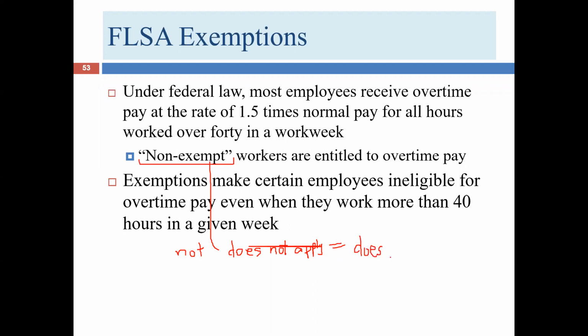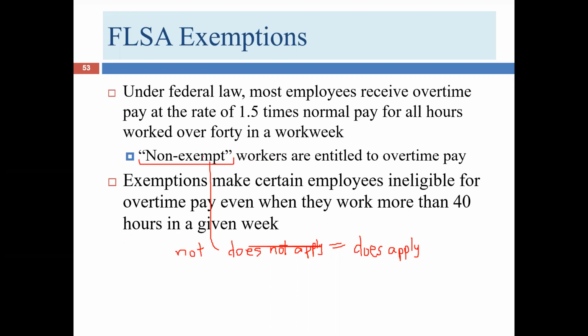So it's a crazy way of saying it. Why do we say the rule doesn't not apply to me when we could just say the rule applies to me? I don't know. I don't know why we say this. I'm not going to defend it. It's kind of ridiculous. But basically, non-exempt means FLSA overtime rule applies to these workers. Okay?